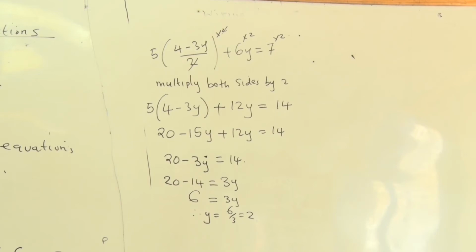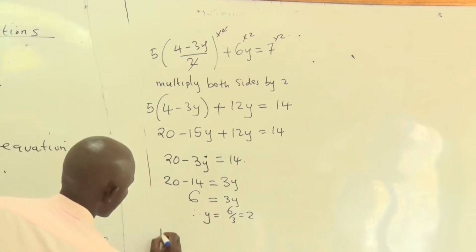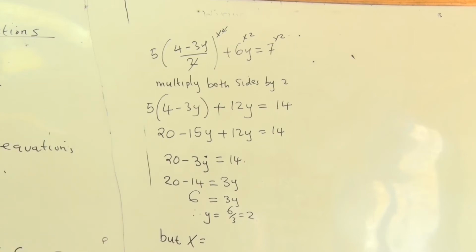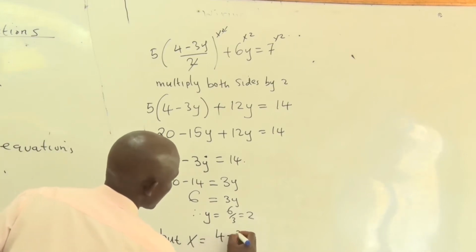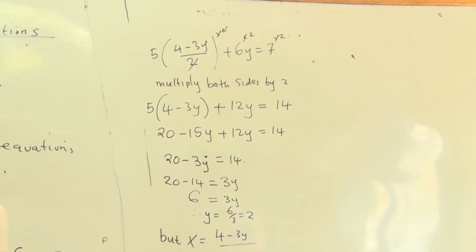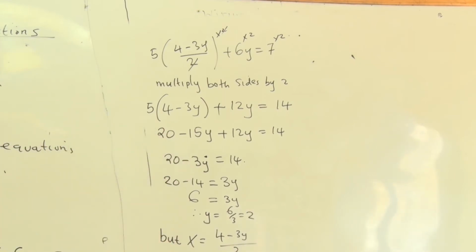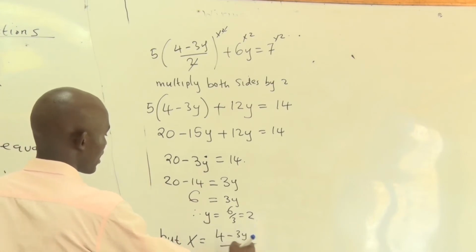So we have gotten the value of y, but remember our x was equal to 4 minus 3y all over 2. We need to determine the value of x, so you need to replace the value of y.